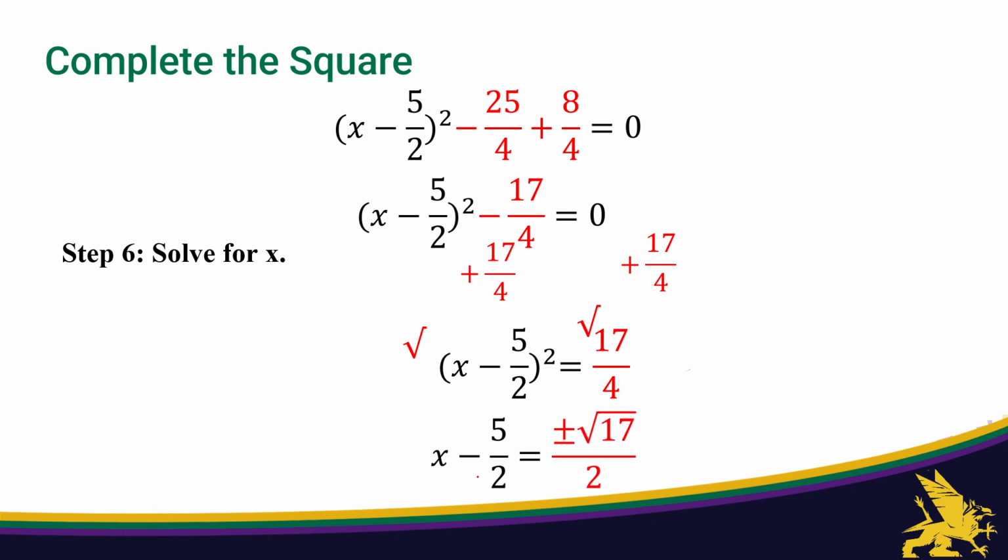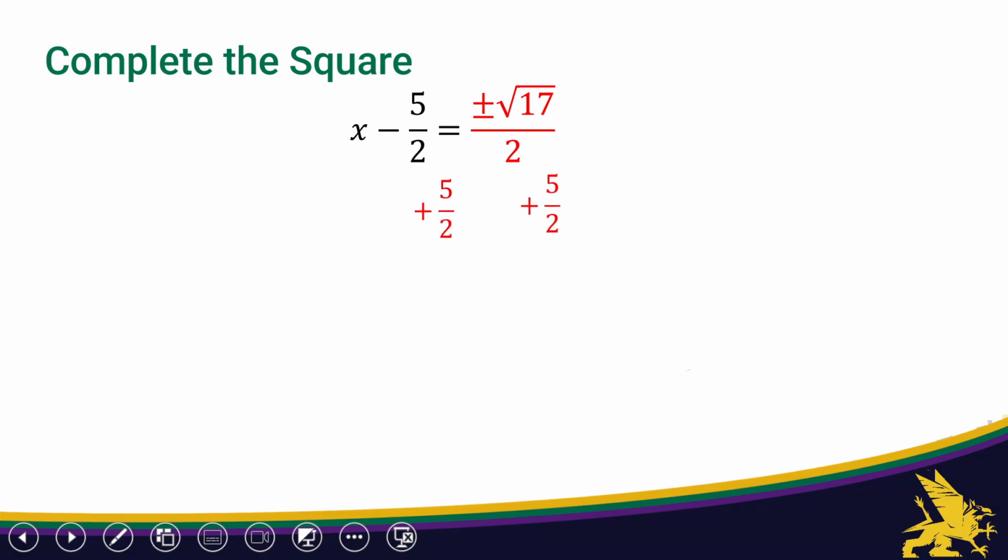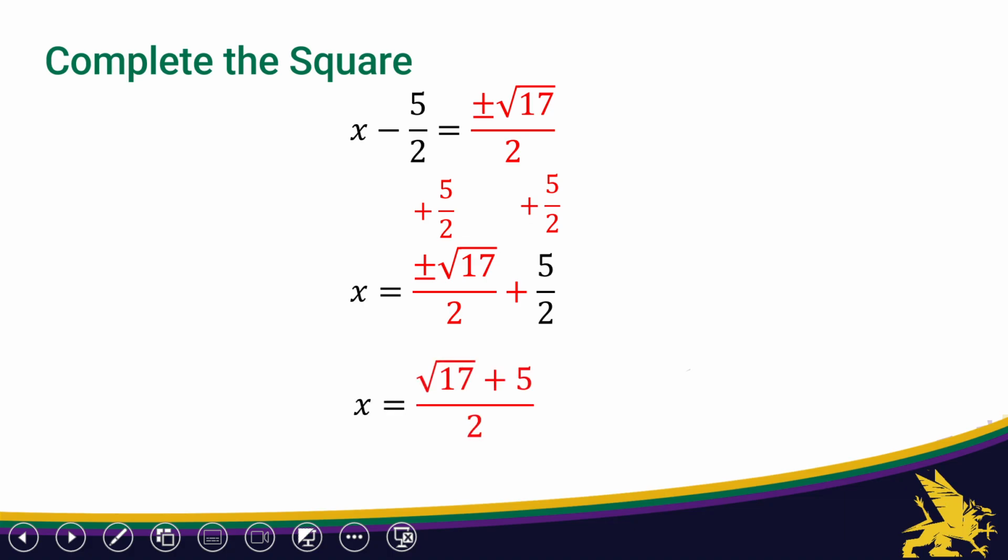The final step is getting rid of the takeaway 5 over 2, so we add it to both sides. That gives me plus or minus square root of 17 over 2 plus 5 over 2. I can simplify that if I wanted to make it one fraction. And make sure you keep your plus or minus next to the square root of 17.